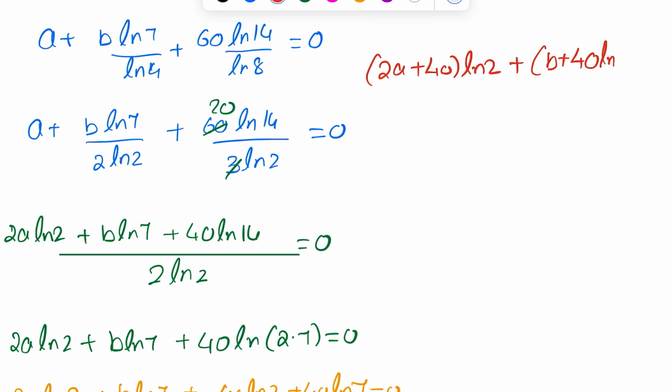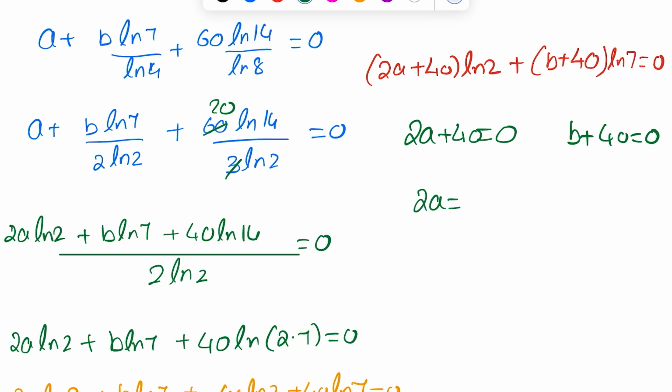So I am taking ln 2 common and ln 7 common. So equate it out. There is no ln 2 term on the right side and there is no ln 7 term on the right side. So 2a plus 40 should be equal to 0 and b plus 40 equals 0.